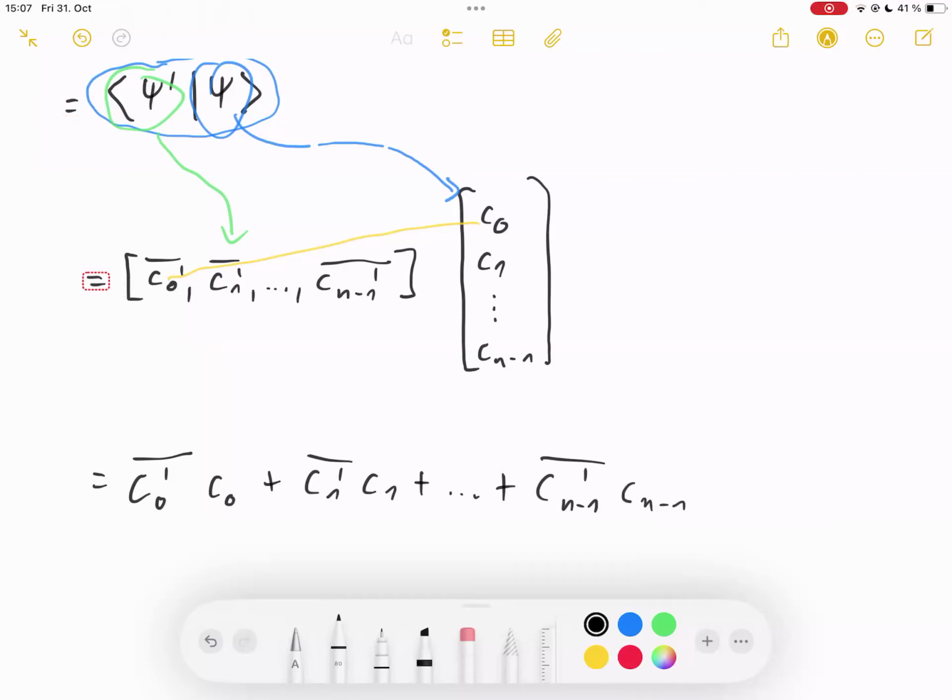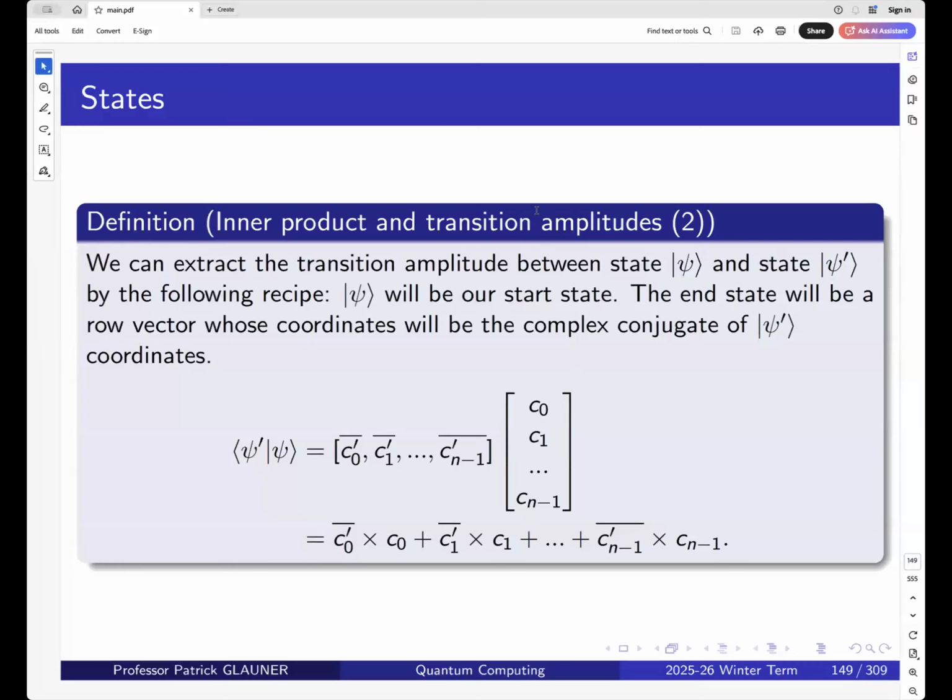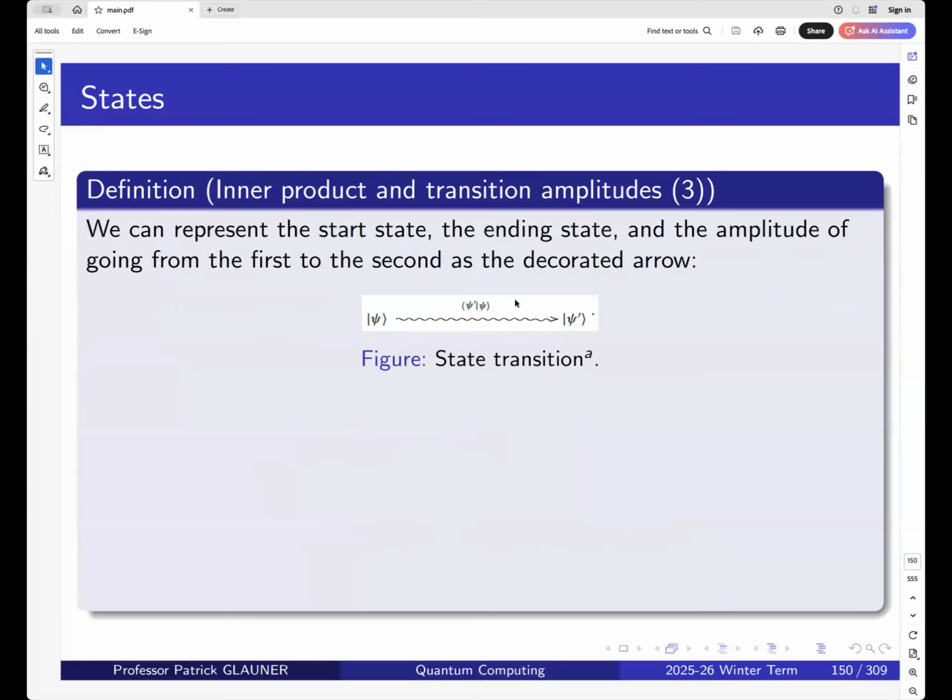Looks good. It seemed to be helpful to develop this step by step with you live rather than looking at it on the slide. What it means is that this inner product gives us the transition amplitude, a state transition from the start state to an ending state.